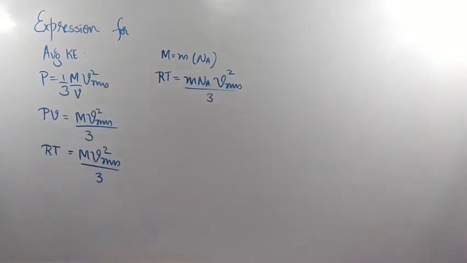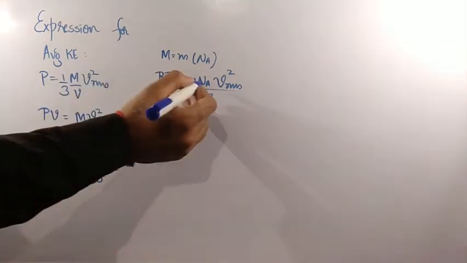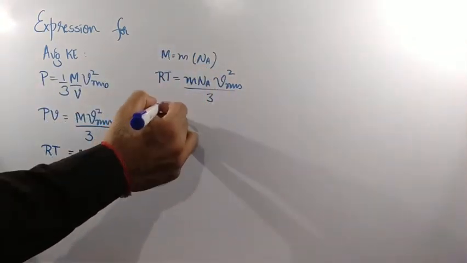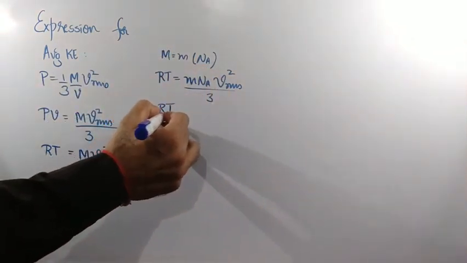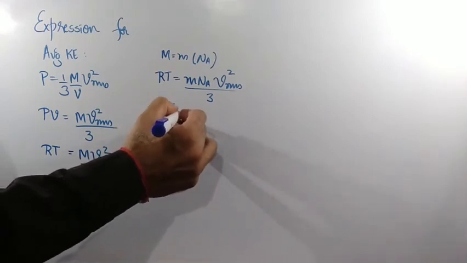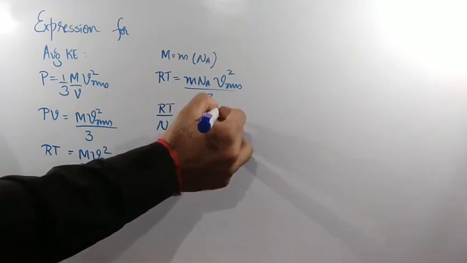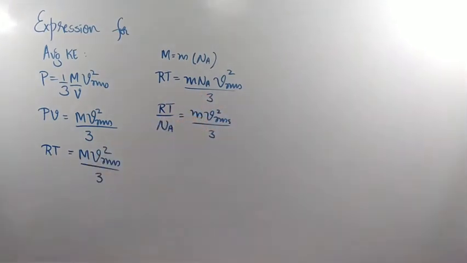So RT is equal to small m NA V RMS square divided by 3. Now this NA factor I am going to take to the left side. So we get RT divided by NA is equal to m V RMS square whole divided by 3.